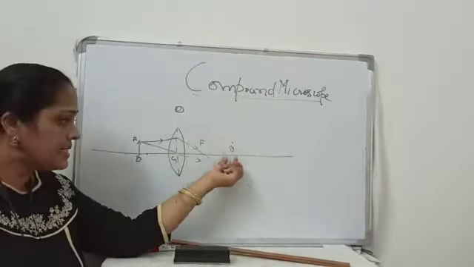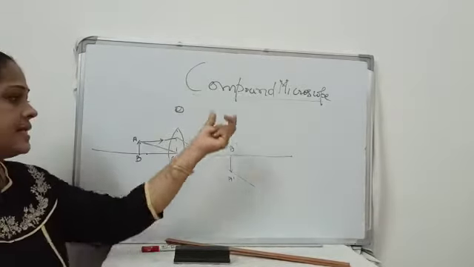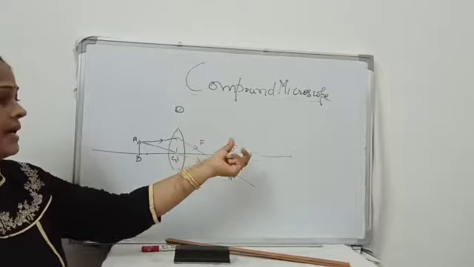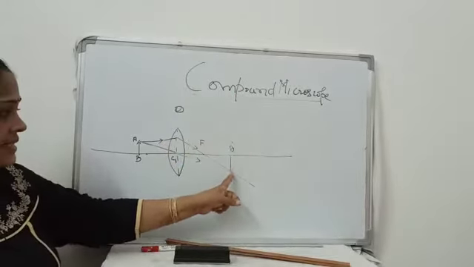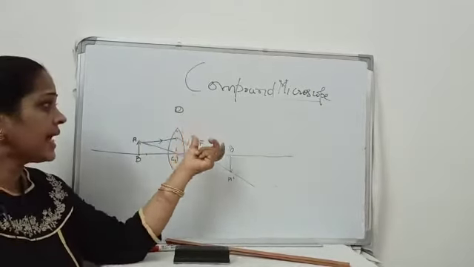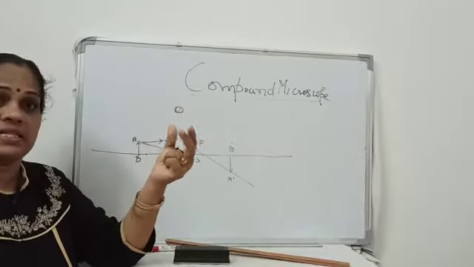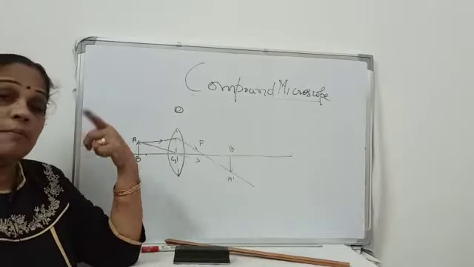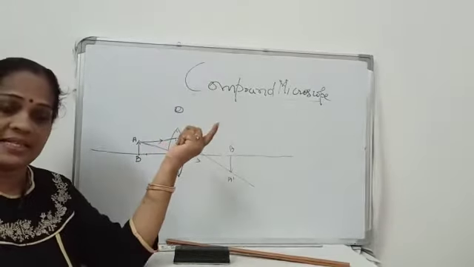Now this image acts as an object for the second lens, that is eye lens. Eye lens is placed close to the eye. This is acting as an object for the eye lens, and in the case of a microscope, we get magnified images of tiny objects. Moreover, here the magnification is increasing because we are using two lenses.